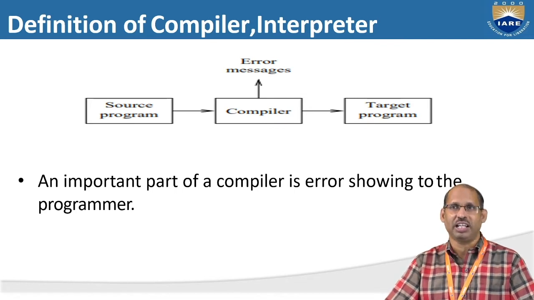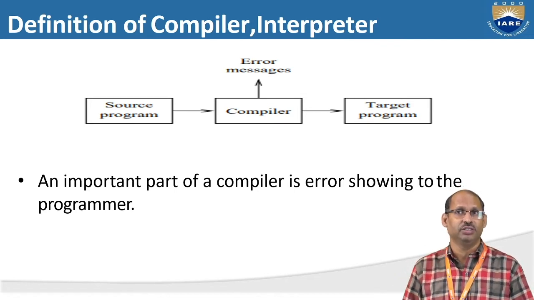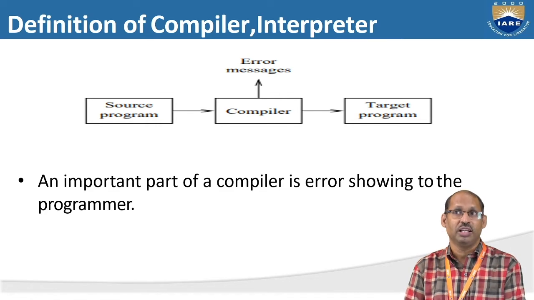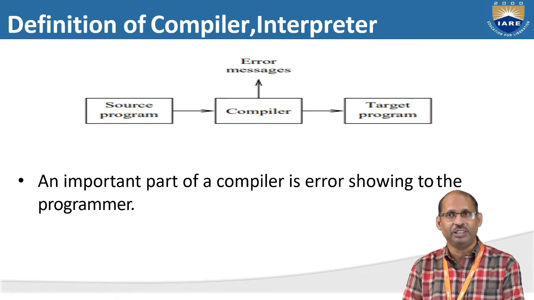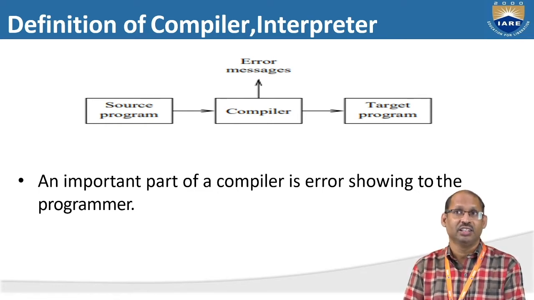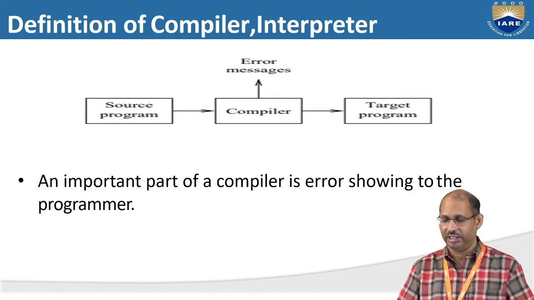The compiler will convert this high level language source program to a low level target program. In this conversion process, if any errors are found, they will be converted into understandable error messages. That is taken care of by the error handler.